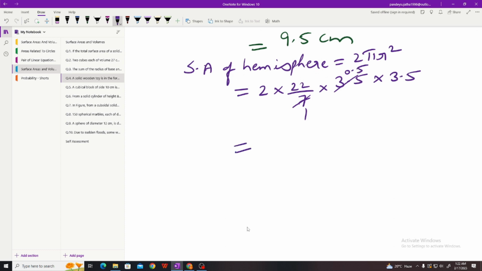So here we get it as, when you multiply this 2 with 0.5, you get 1, and then 22 into 3.5 will be equal to 77 centimeter square.